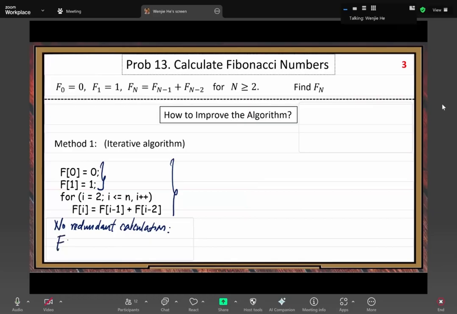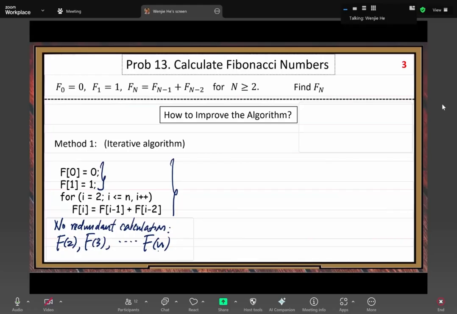The first unknown F number we calculate is F of 2. The second, F of 3, because in our for loop we calculate in that order. The last one, F of n. Here you can see each F number we only calculate once, never more than once. That means no redundancy.